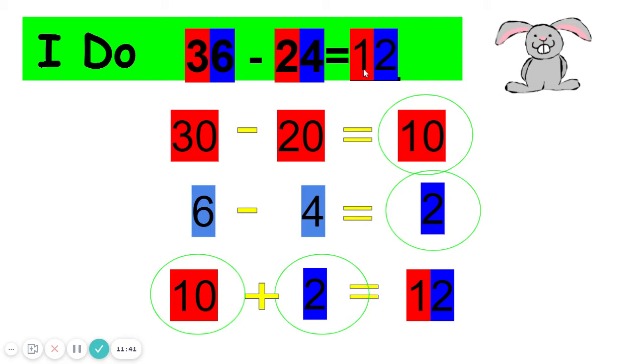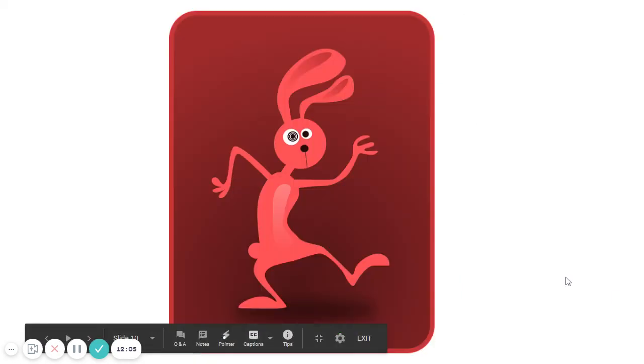So if I had 2 tens were 20 and 1 ten were 10, 20 plus 10 is 30, 4 ones plus 2 ones is 6, so there's my 30 plus 6 equals 36, what I started with. Yay me! So, woohoo!